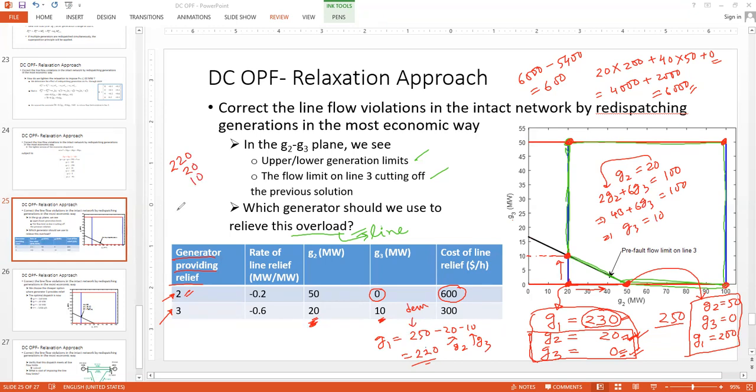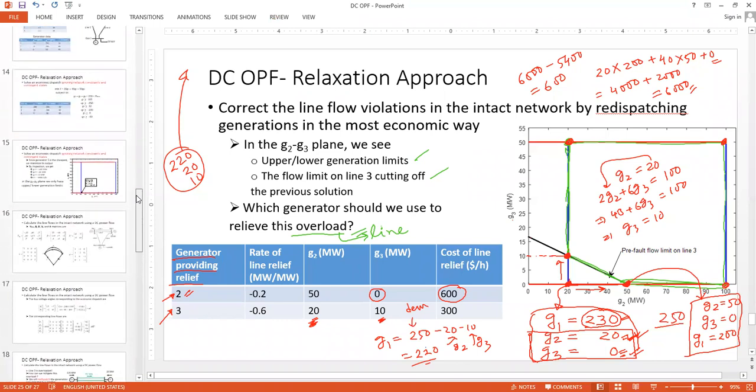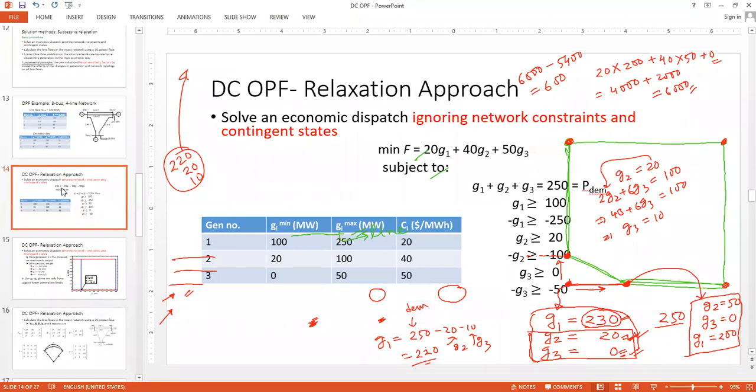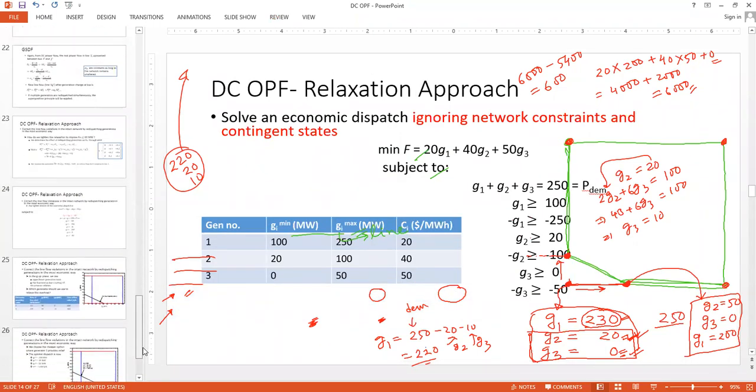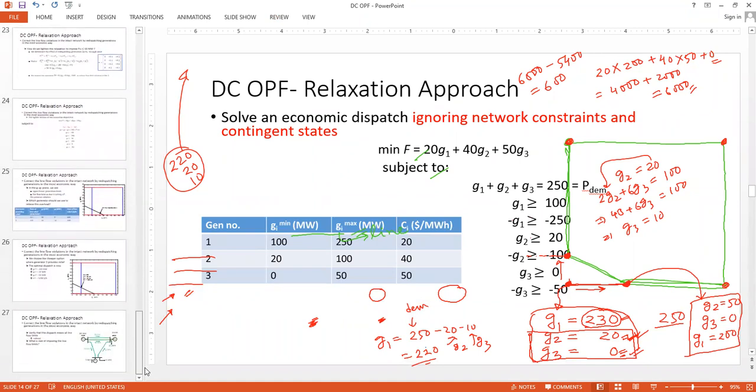What is the cost? The cost can be calculated for this combination. The cost was 20, 40, and 50. Sorry, I'm forgetting it every time.